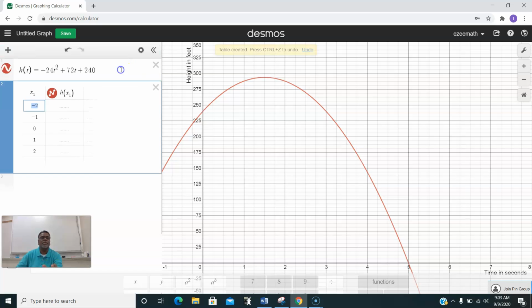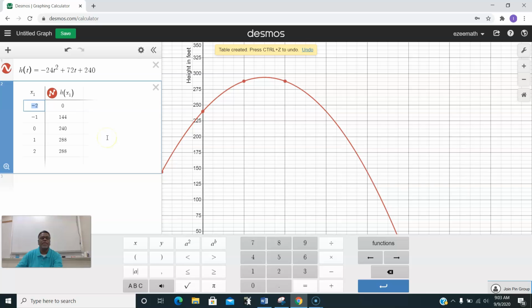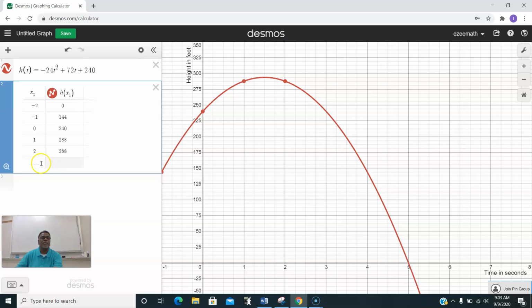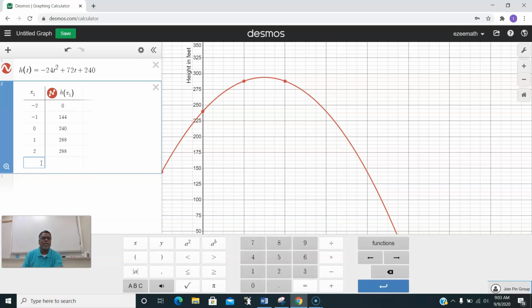I'll go to the settings and I got the table here. At negative 2 seconds it was 0, at negative 1, 144. Now the y-intercept starts from here. We need these values, and we don't need the negative values because time is not negative, you know that. At 3 seconds the height was 240.